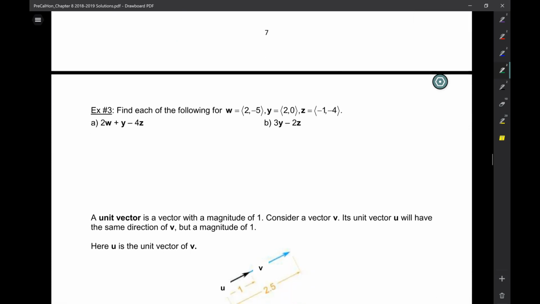I've got vectors W, Y, Z. Here I want 2W plus Y minus 4Z. So this is 2 times vector W, 2 comma negative 5, plus vector Y, minus 4 times vector Z.